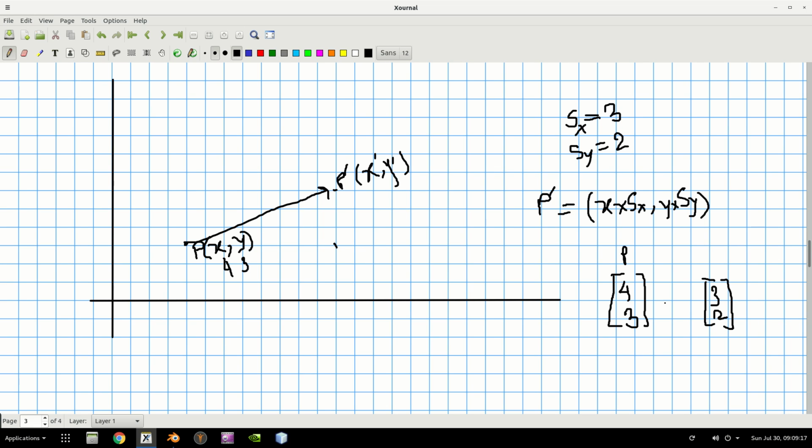Can you write it down as a matrix operation, like either you add something or you multiply something to get the end result? Let me write this down again. The end result is actually (12, 6). So what I'm asking for is what goes in over here, or is it at all possible? And this is the scaling matrix. So instead of that question mark, can we put a multiplication right there?